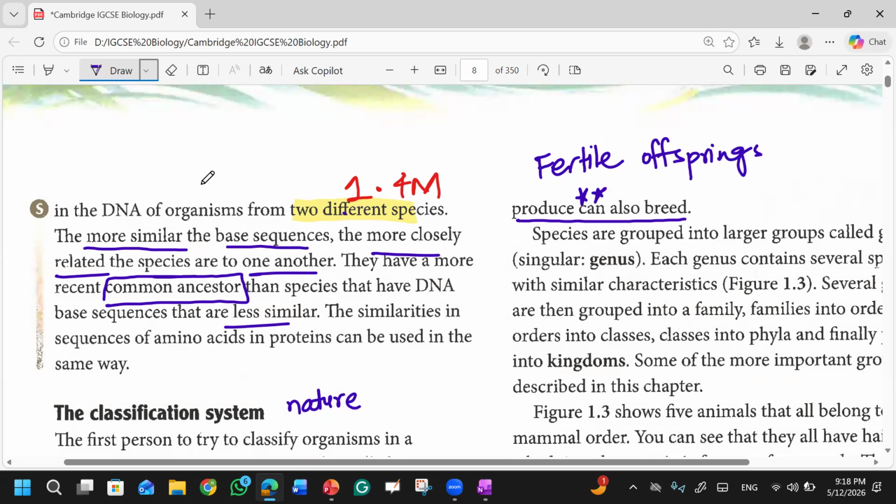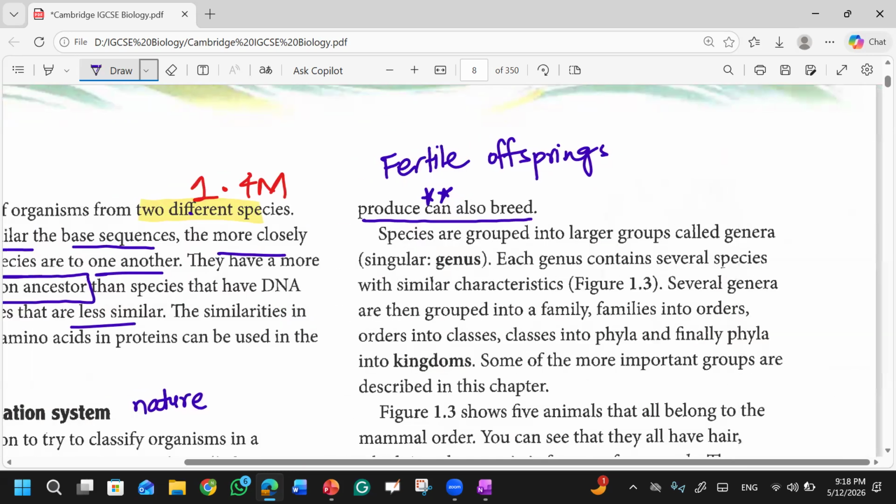Then what comes after species? Genus. The species were grouped into a larger group known as genera, or the singular form, genus. Each genus contains several species with similar characteristics. It means in each genus you will have organisms of similar characteristics. Just like I told you, if you talk about just grade 3 students, you will get the data of all the students studying in grade 3 in that particular school.